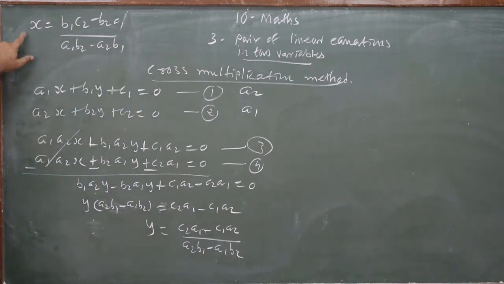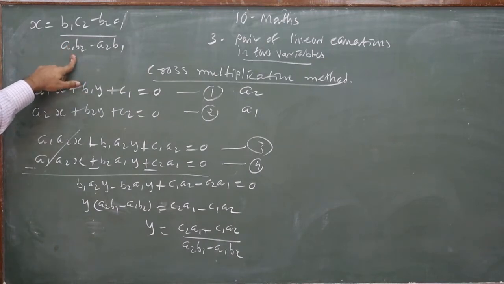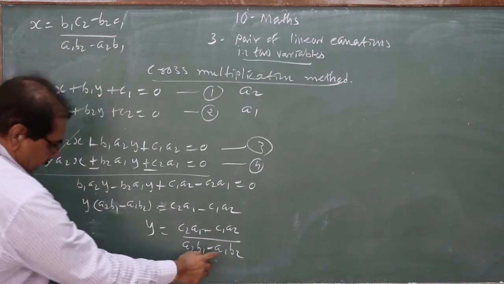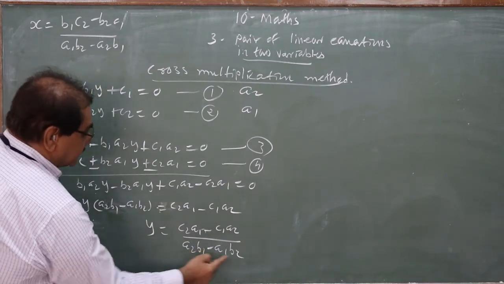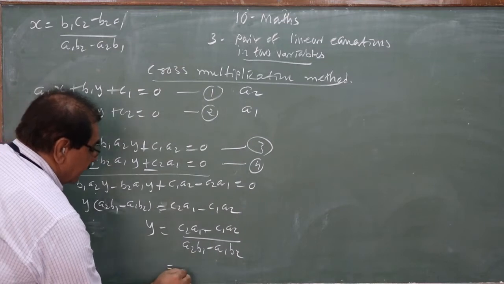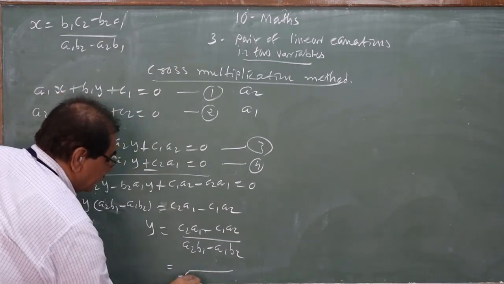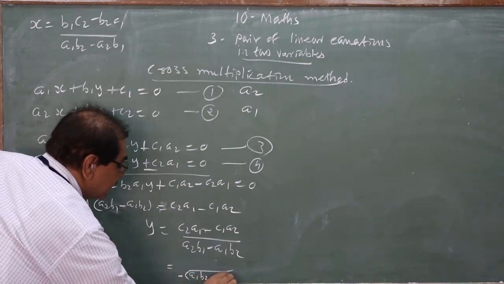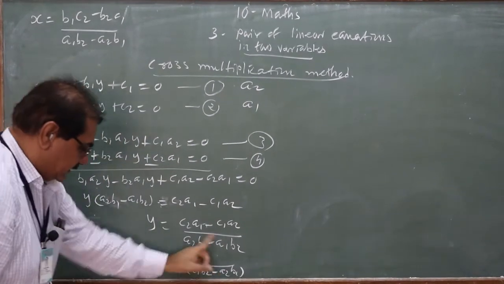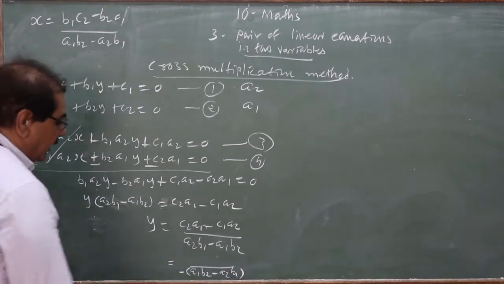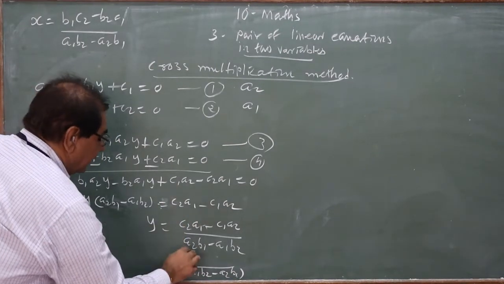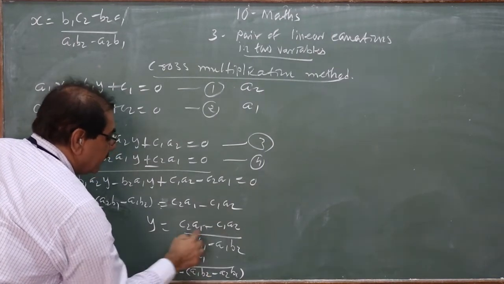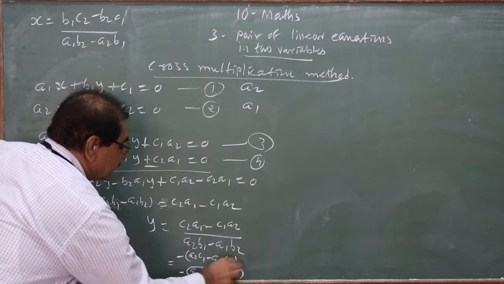But check, in the first value of x, the denominator is a1 b2 minus a2 b1. So the sign should be changed. What do I do? I take the minus sign out in the denominator, so it becomes a1 b2 minus a2 b1. The sign of the denominator is altered, so again I change the sign on the top also. So it is a2 c1 minus a1 c2.